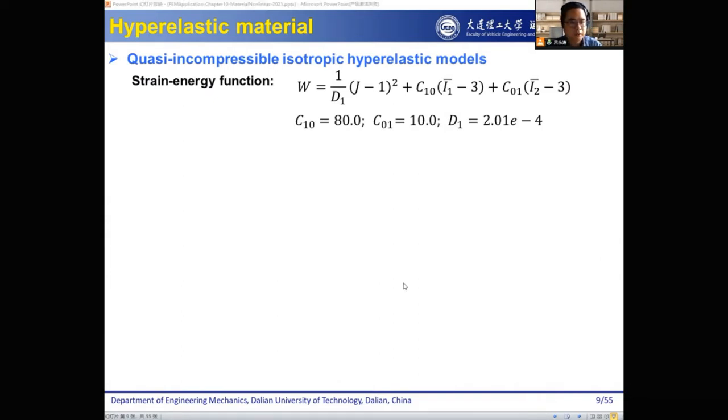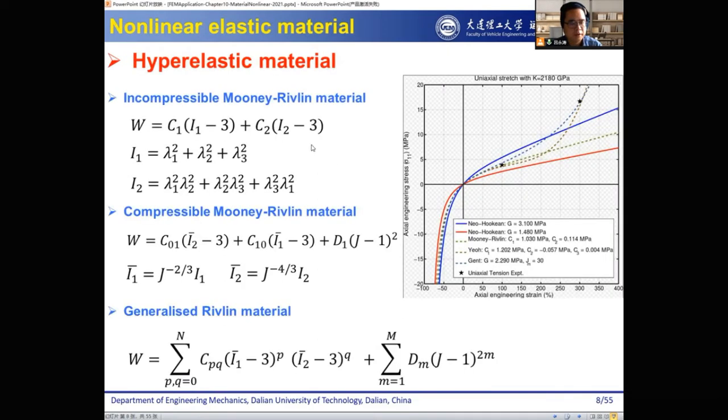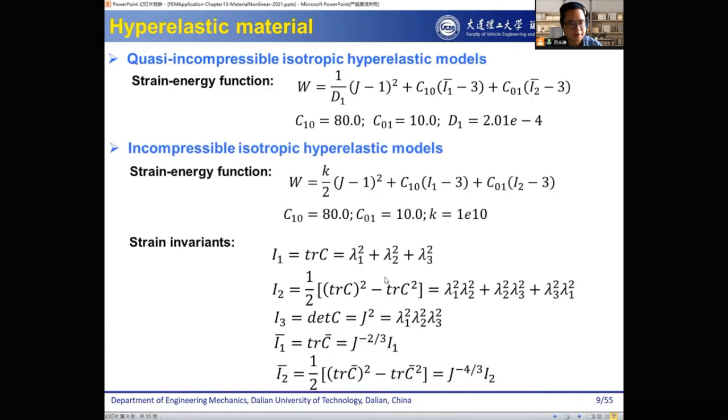And then here we say we have the incompressible and the compressible, but there's another case which we call quasi-incompressible, which means it's nearly incompressible material. And for this kind of material, this is the strain energy density. We just need to make d1 very small.